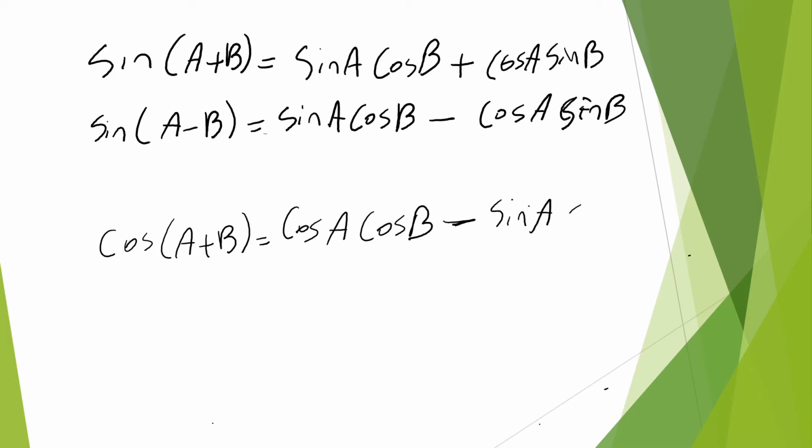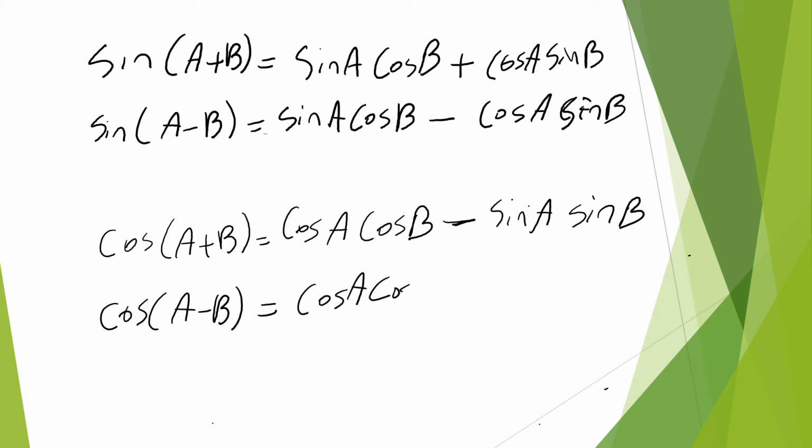And cosine A minus B is the same as cosine A cosine B plus sine A sine B. So you can see in the cosine the signs are different, but in the sine the signs are the same.